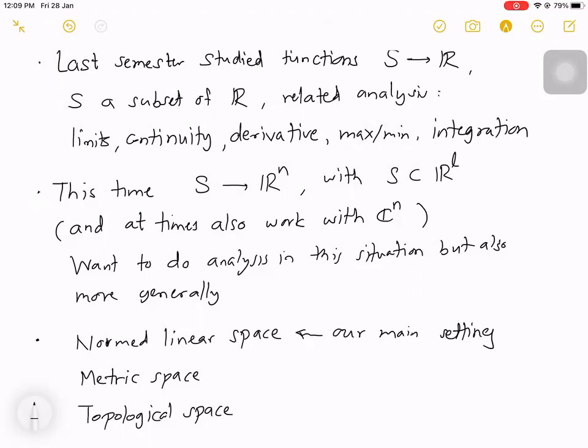So for example, if you remember last time, then many times when you needed to bound something, right? So given any epsilon, you needed to have some delta such that something or the other needed to be less than epsilon. Then at times you took epsilon by 2. Then at times you took epsilon by 3.